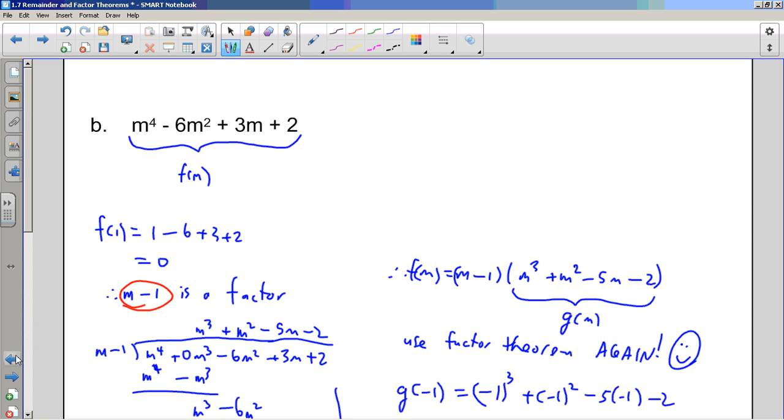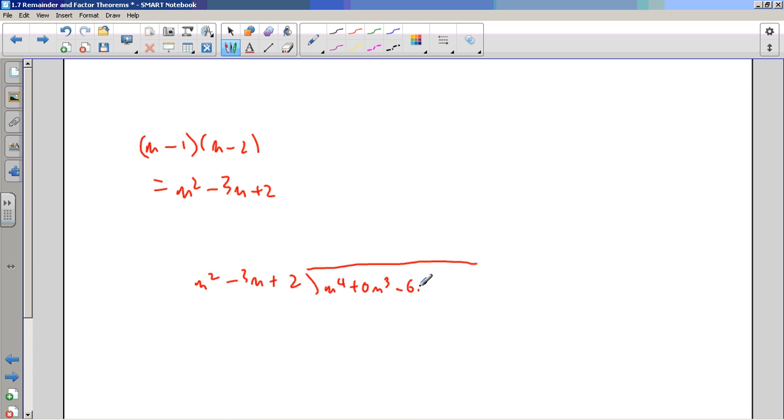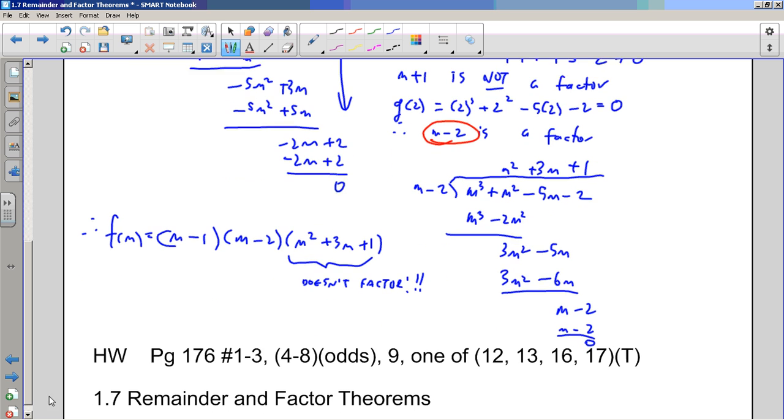What was the rest? -6, 3, and 2. And then when I divide the quadratic, I'd be left with m squared plus 3m plus 1. Now, how do I know that without actually doing it? Well, that's what the other factor had to have been, right?